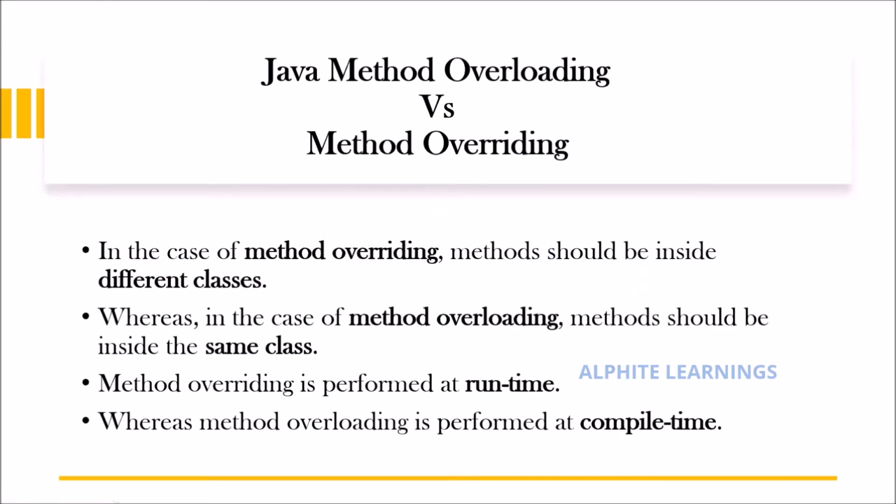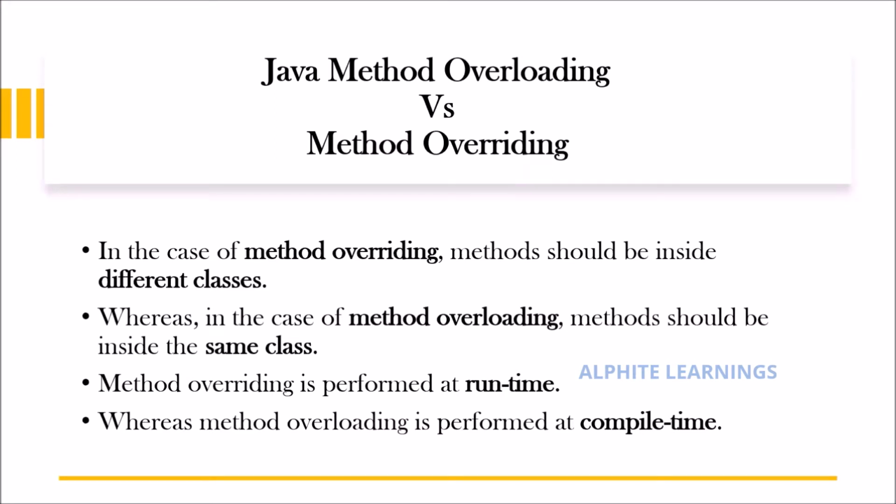So next is the difference between method overloading and overriding. As I have given here, for overriding, the methods should be inside different classes. As we know, we give the abstract method in the parent class and the overriding methods, like we did one in the dog class and the other inside the cat class, right?